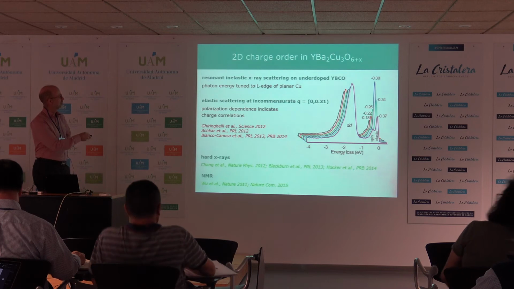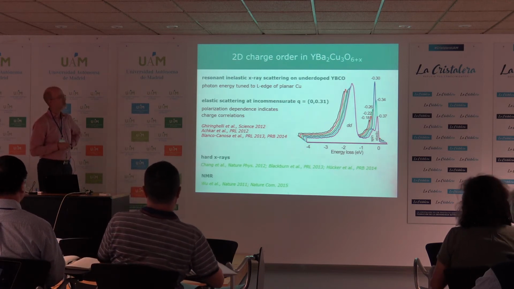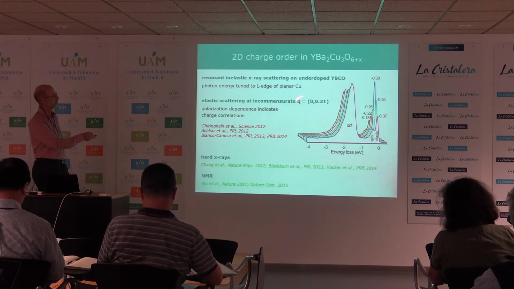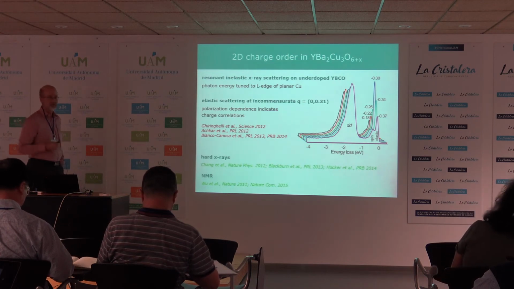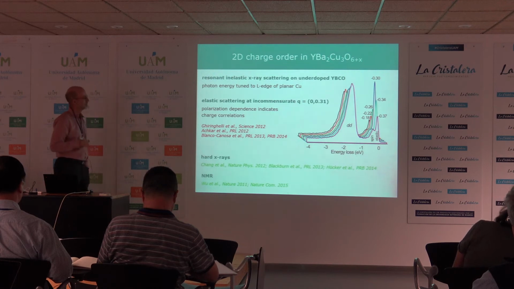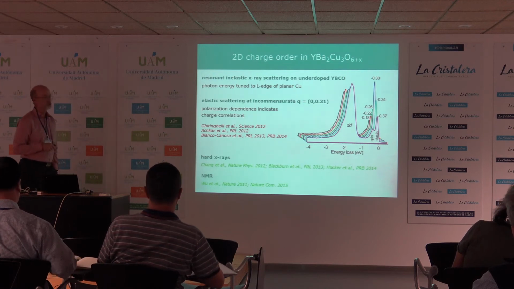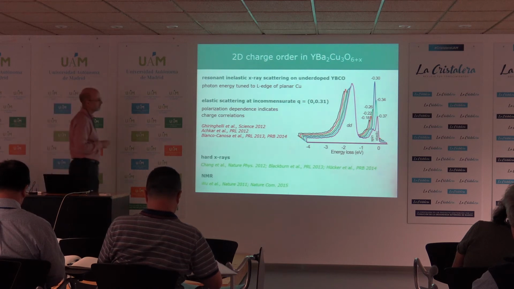And this charge peak happens to be at an incommensurate Q. It's close to 1/3, but it's very clearly not 1/3. And based on the symmetry of the reciprocal space, it could be identified as a generic charge ordered state in the copper oxide planes.